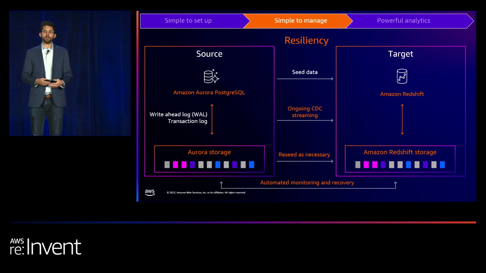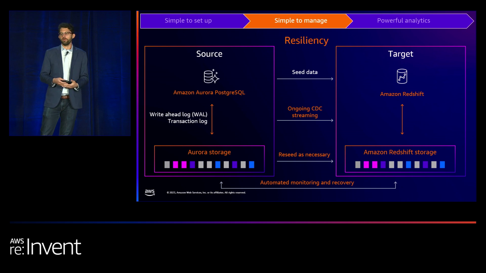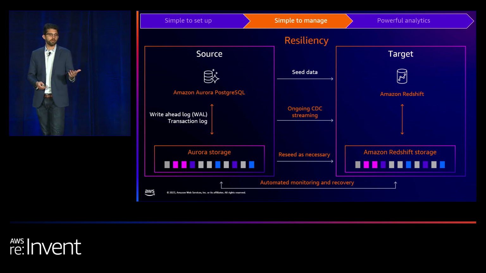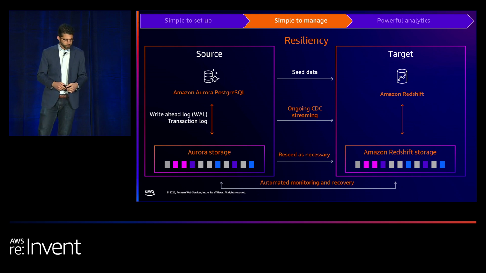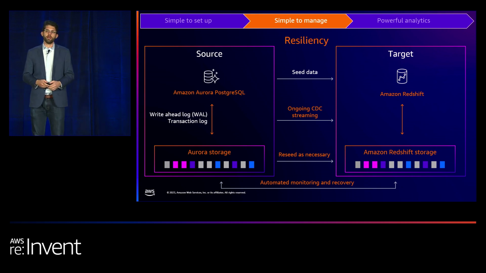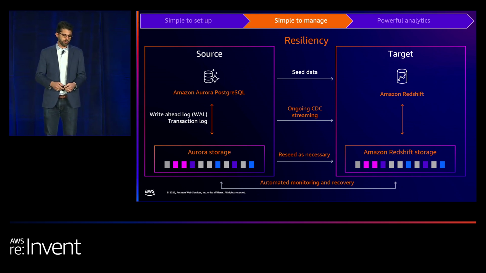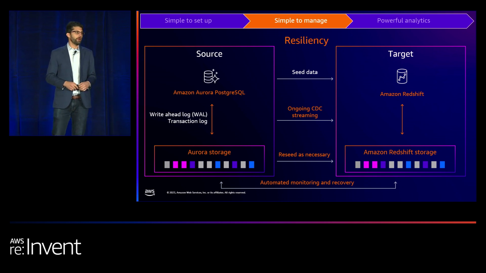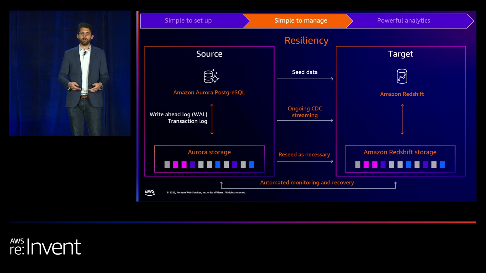For every write that comes in, we wait to have a quorum of at least 4 of those writes before we acknowledge that write to the compute instance. Similarly, on the Redshift side, Redshift storage and Redshift have capabilities to enable resiliency and high availability.